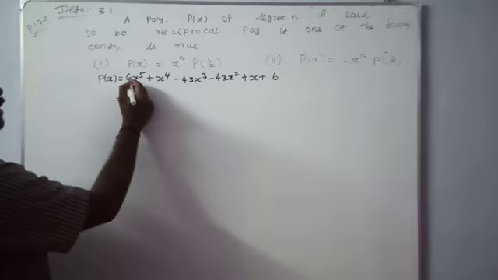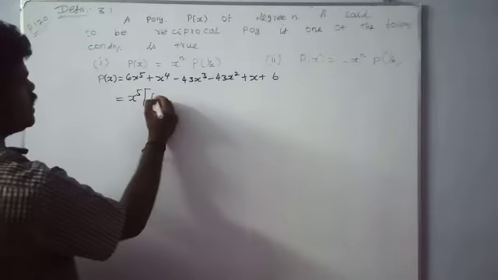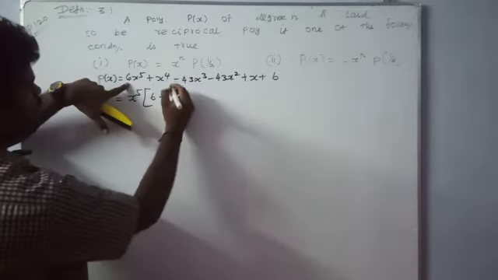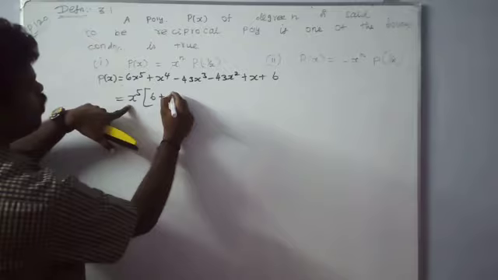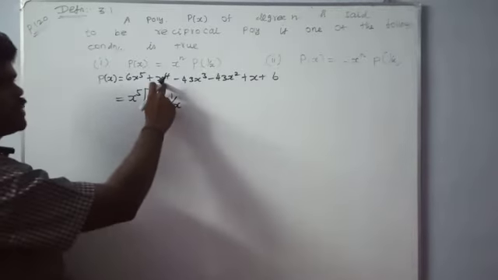Here take x power 5 outside. What are the values? Here 6 and plus 1 by x. Multiply x power 5 into 1 by x, this gives x power 4.